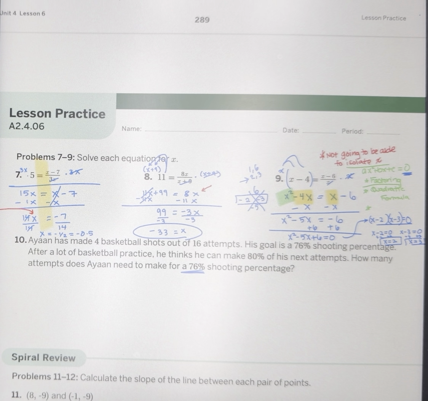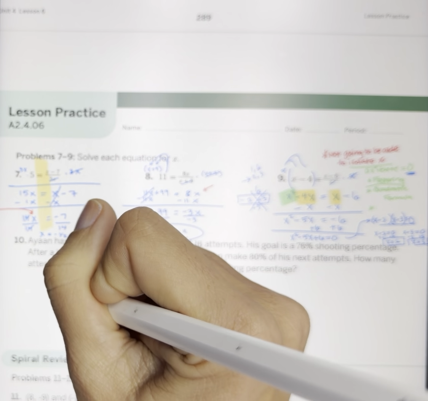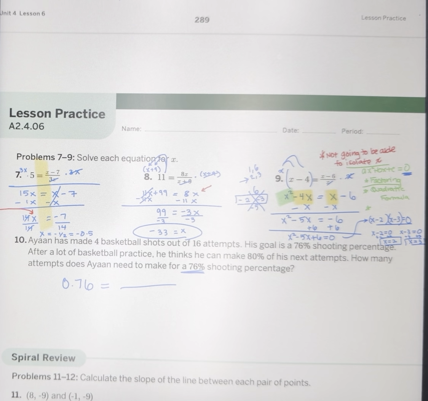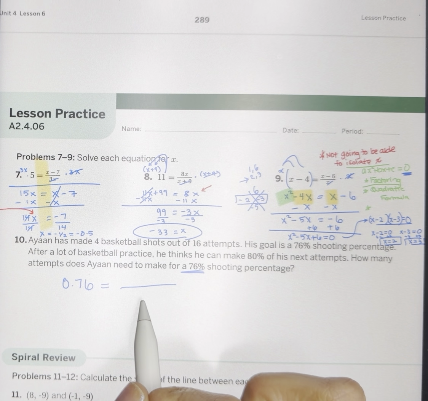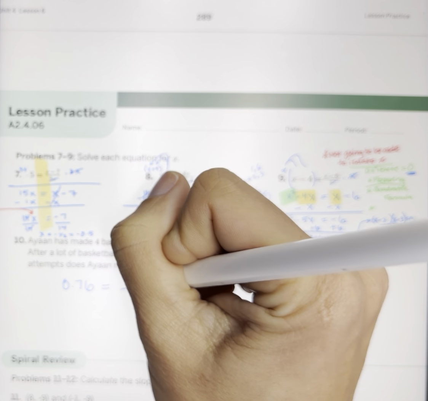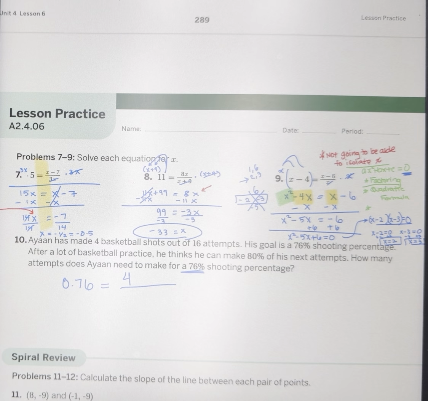Let's try it, okay? So he wants a 76% shooting percentage. So we want 0.76 to be our shots made divided by attempts. Our shots made currently are 4, and our attempts currently are 16.